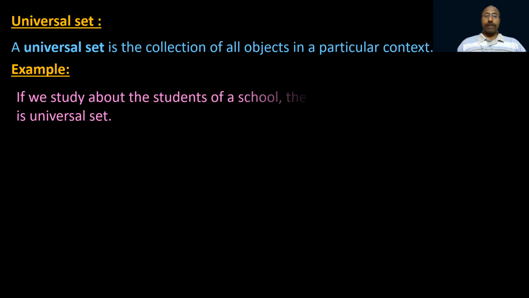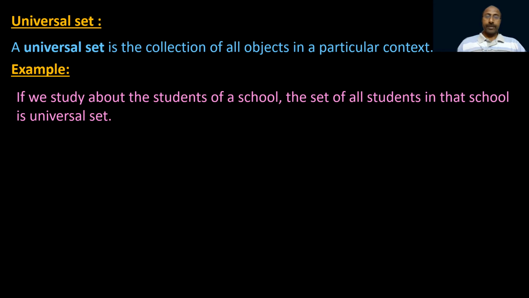Now let's see the universal set. A universal set is the collection of all objects in a particular context. That is, the universal set depends upon the context. For example, if we study about the students of a school, the set of all students in that school is the universal set.